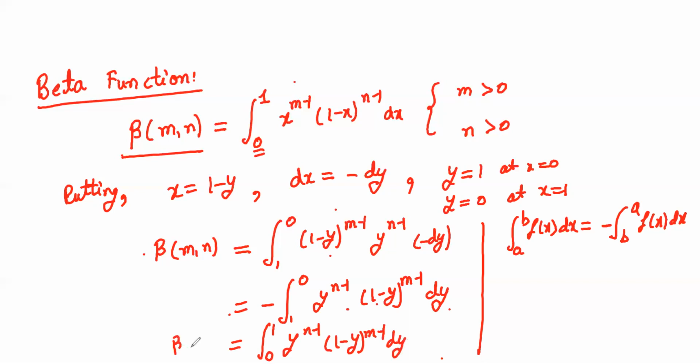It was beta(m, n). As you can see now, the power of y, earlier it was m, so we have written in order m, n. Now here, y की पावर n and 1 minus y की पावर m. So can I write beta(n, m)? So first property I can say that beta(m, n) is equal to beta(n, m).